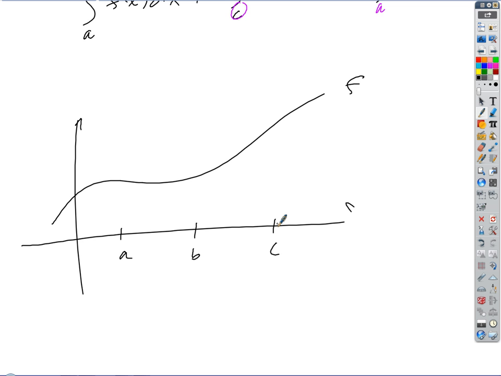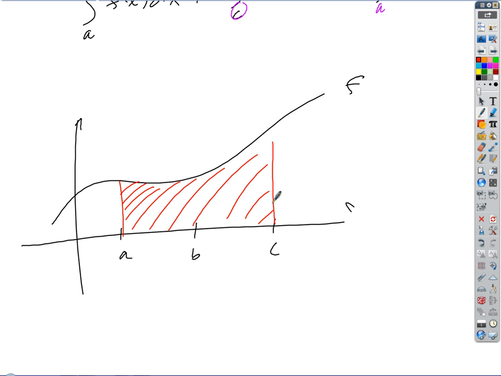So now the same thing's going to work, right? If we take the area from A to C, let's make that the red area. And the area from C to B is the blue area, right?